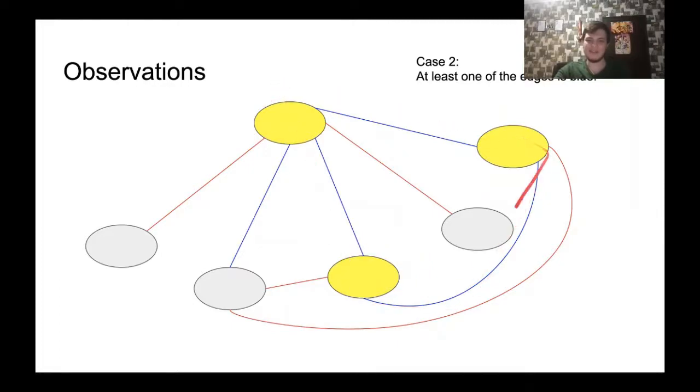So you can either have all of the purple edges red, or at least one of them won't be red, so it will be blue, which means that in both cases we found a construction that shows that we always have a triplet that is satisfying.